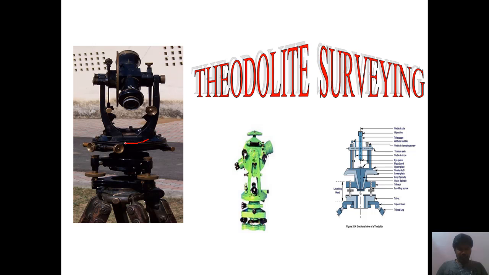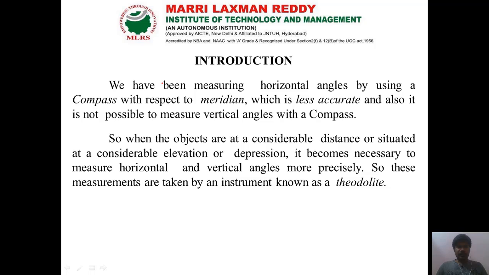This setup we can rotate in both clockwise and anti-clockwise directions. If I revolve the telescope entirely with respect to the axis, we can transit along the horizontal axis, either upward or downward. Then it is called a transit theodolite.